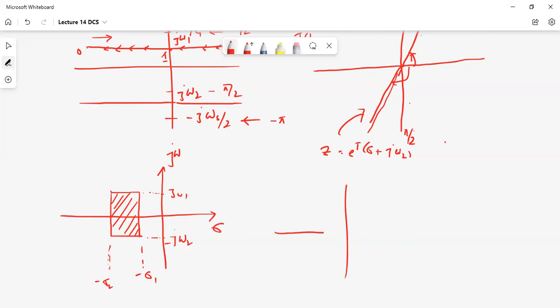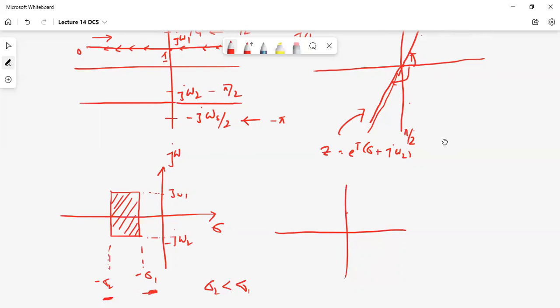In the z plane, we know that these are related to circles, and since sigma 2 is smaller than sigma 1, this will be the inner circle and this will be the outer circle. Inside the unit circle, if you want a reference, you can draw it.